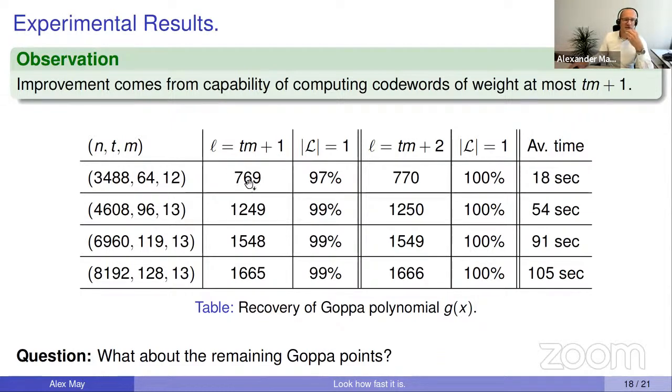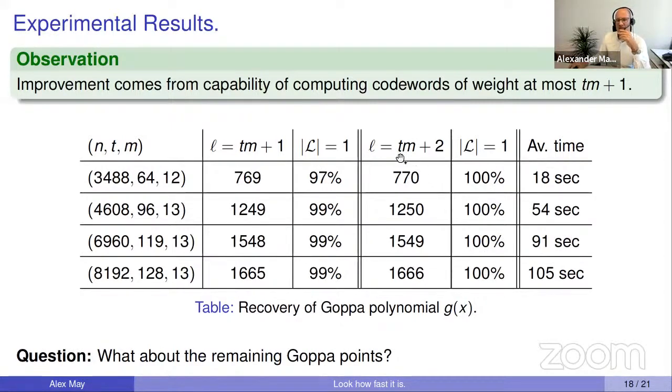Then we ran 2,000 experiments, and we averaged over all experiments, and we looked at how often it happened that we had a unique g(x), a unique polynomial of degree, in this case 64, in this case 96, and so on. And you see in almost all cases we had a unique L. But if I give you one more known point, then in all of them I had a unique g(x).